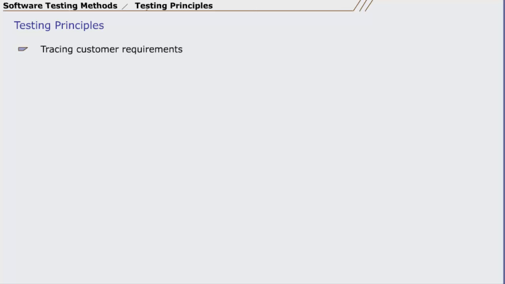Now we will discuss testing principles. Before developing test cases, a software engineer must understand the testing principles. Some important testing principles are: tests should be designed in such a way that they identify errors in the system related to customer requirements.